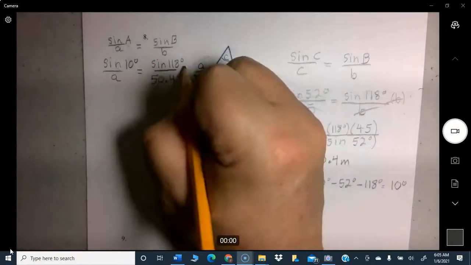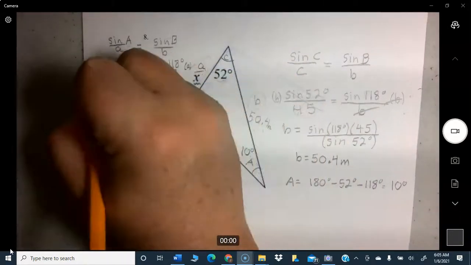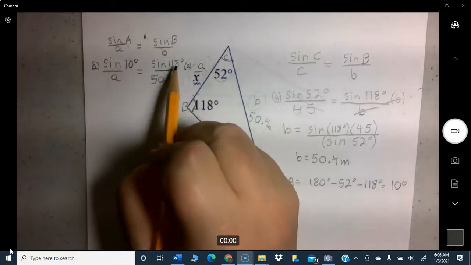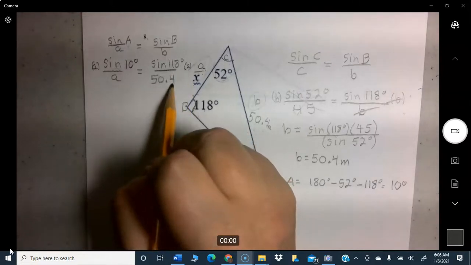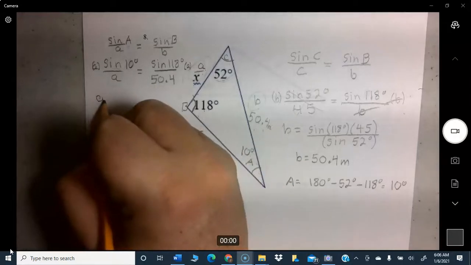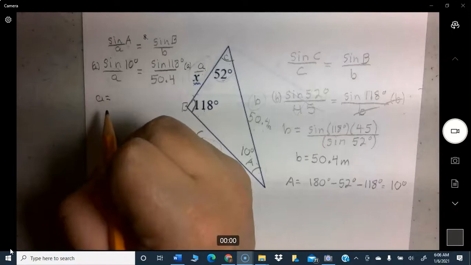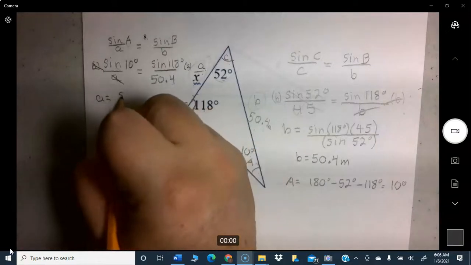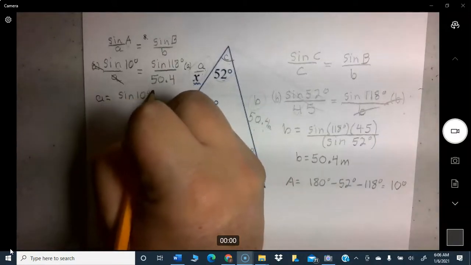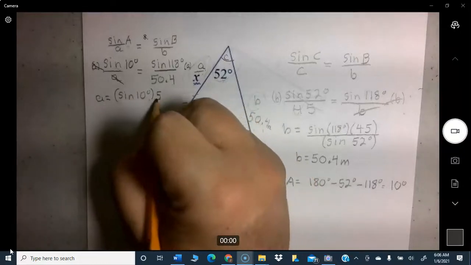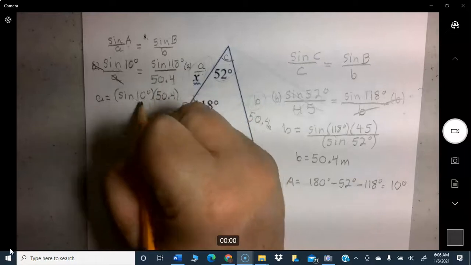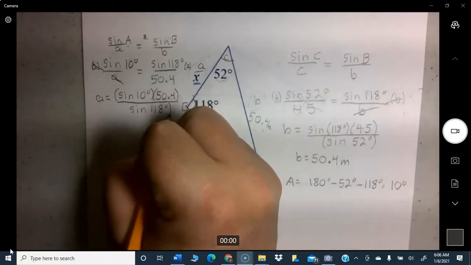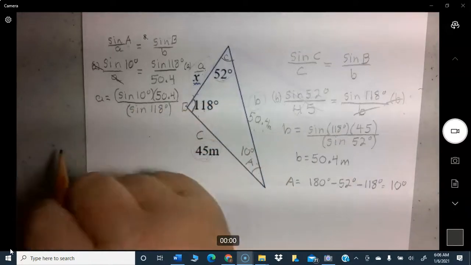Now, again, I'm going to shortcut the algebra here. I'm going to multiply both sides by A. So I have to solve for that A, so I divide both sides by sine 118, and I multiply both sides by 50.4, and you end up with this. These A's cancel. Okay, there you go.